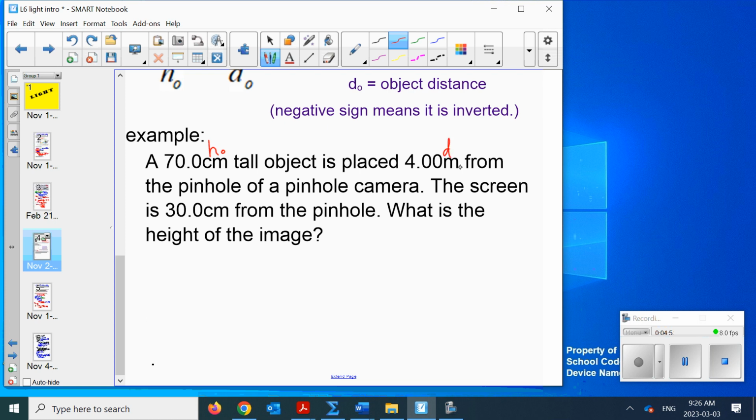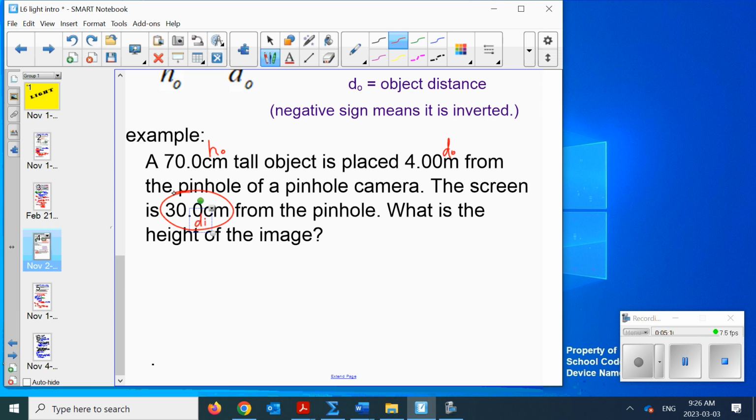That's the distance to the object. The screen is what forms the image. It's on the inside of the box. That is the distance to the image. What is the height of the image you're going to get on the box in the pinhole camera?